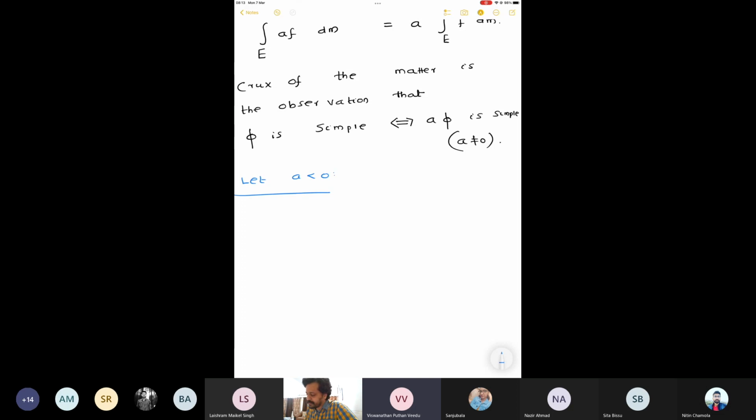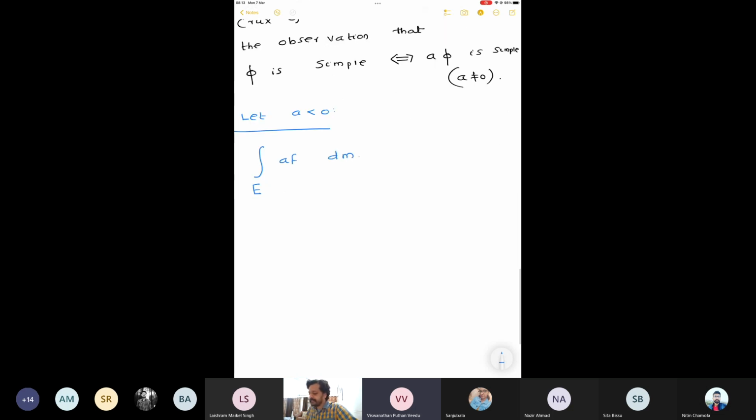So what you want to do is integrate af dm. By definition, this is equal to either you integrate simple functions less than af, or you integrate simple functions greater than af and then make that estimate better and better. So let us take the infimum of the integral over all psi bar dm, where psi bar is greater than or equal to af, psi bar simple.